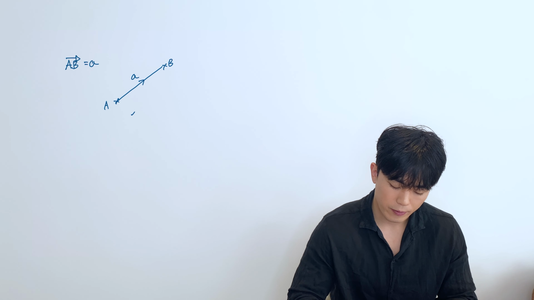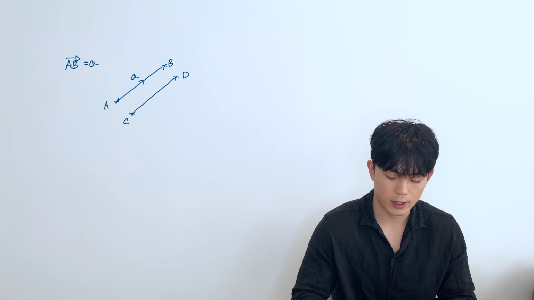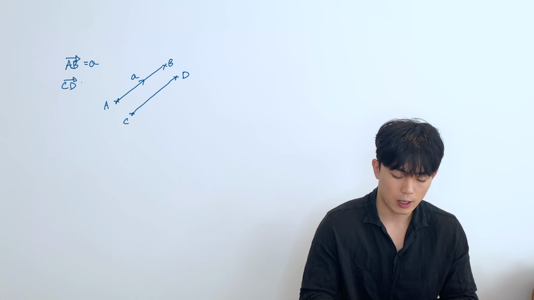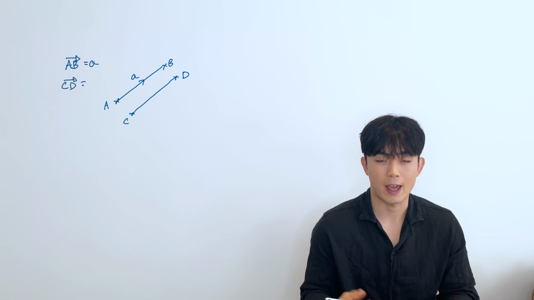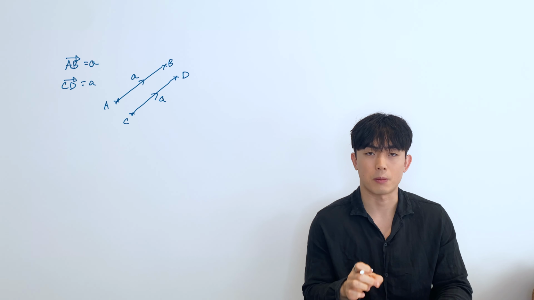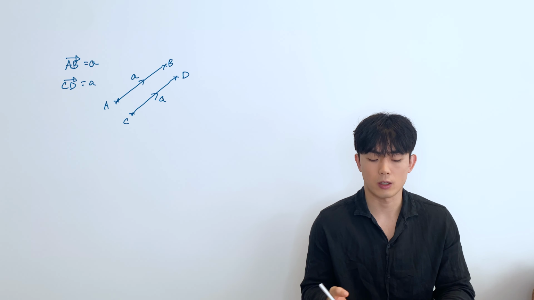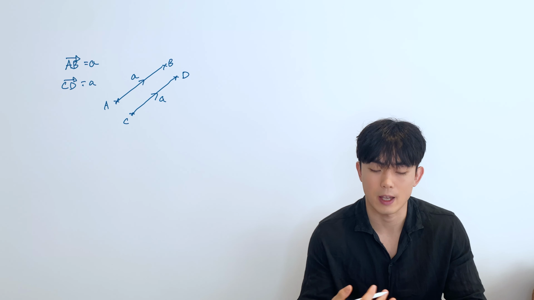If I do the same vector now, like this is C to D, and C to D is parallel to A to B, then C to D is also the same vector a, because it's the same length as A to B and it's in the same direction. So it's represented by the same letter a.